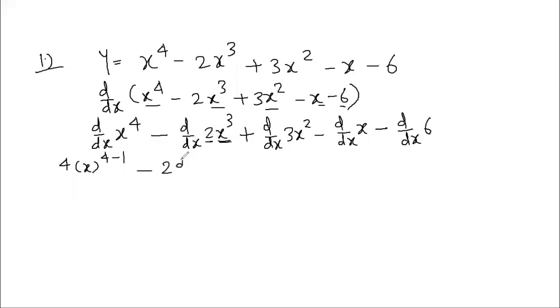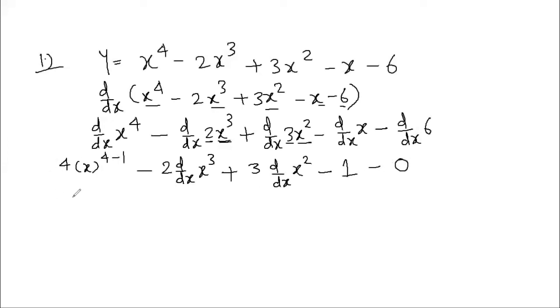So 2 would become here, and this is the differentiation of x to the power 3. Plus, in the next term you can also see again 3 is attached to the x square. So can you make 3 outside, and do the differentiation of only the x square. Minus differentiation of x. Do you know what it is? 1. Minus differentiation of 6 is what?